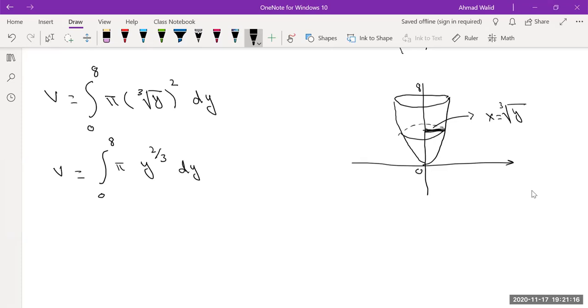Move the pi outside of the integral. V equals pi integral from 0 to 8 y to the power of 2/3 dy.